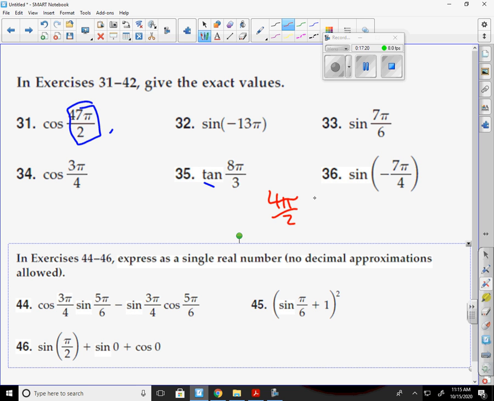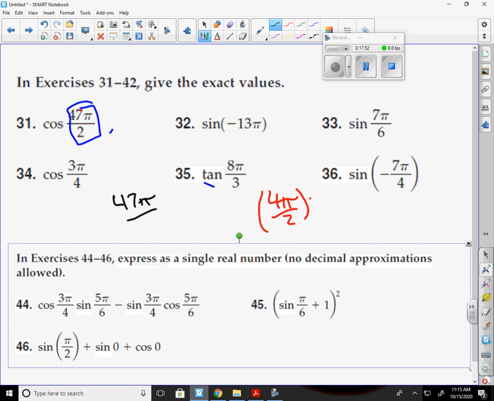If I just subtract that, then I'm going to be left with 43 pi over 2, which means I'm going to need to do this multiple times. The other way I could do it is think of multiples of 4. Let's go even up to 4 times 10 is 40. So it's still smaller than this. 4 times 11 is 44. So that's how I'm going to start.